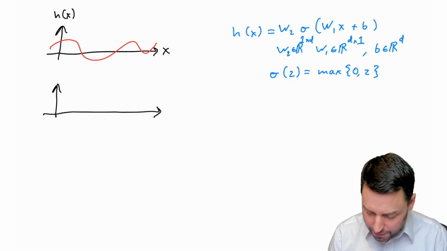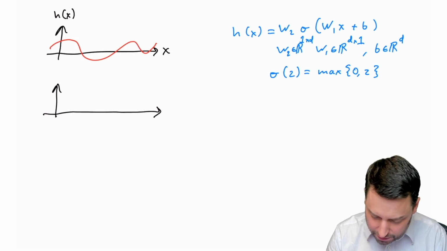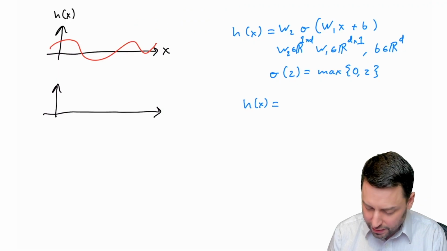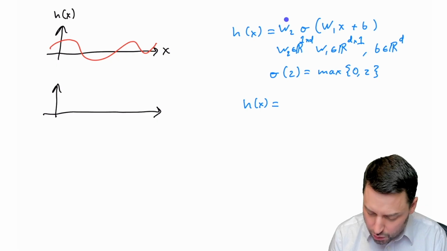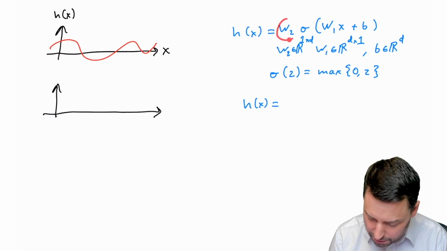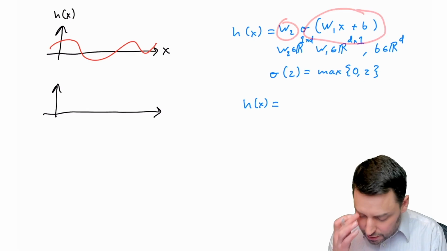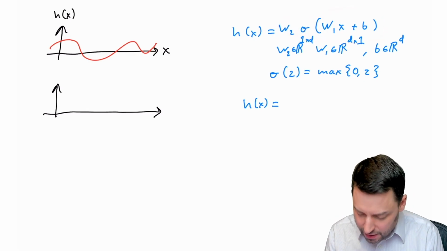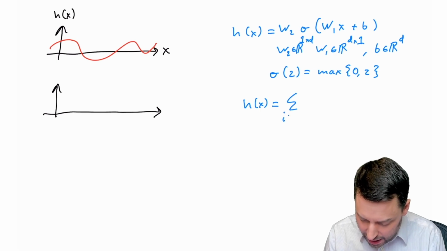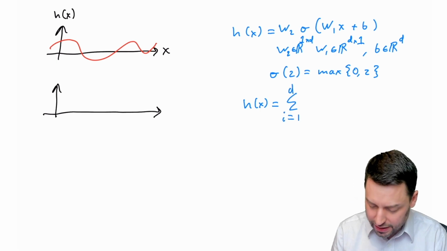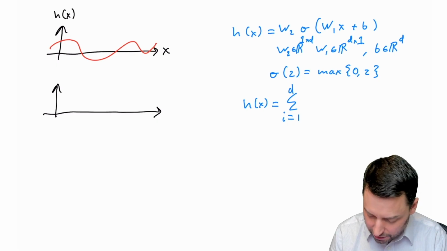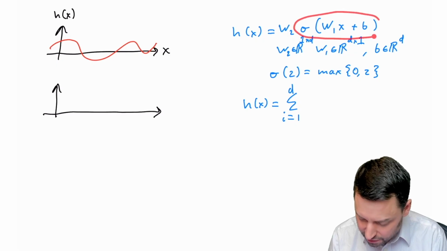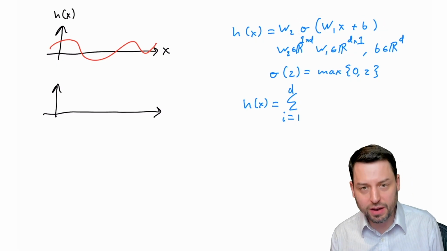Well, the idea here is that h of x can be written, well, I'm writing it as W2 times this thing, but really what that is, is just going to be the sum from i equals 1 to d, right? Because I'm just taking an inner product. This thing here is really just a vector. So W1 is just a row vector times this column vector here. I'm just representing them as matrices.